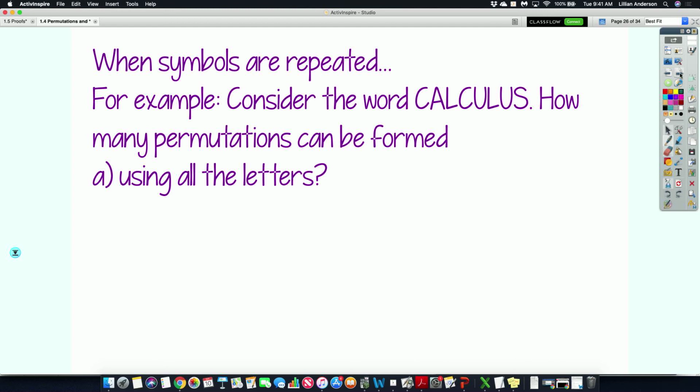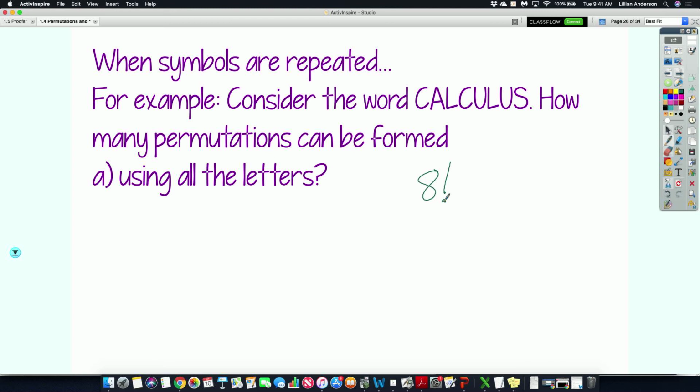There are 8 letters, right? So there's 8 factorial ways to arrange those letters, but there are only 5 unique letters, right? There are 2 C's, 2 U's, 2 L's, an A and an S, correct?